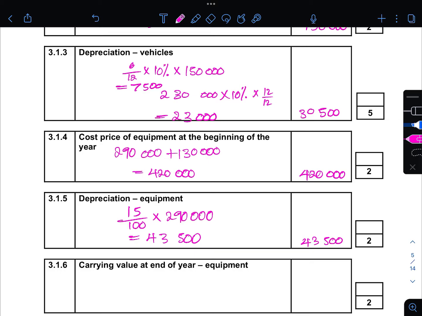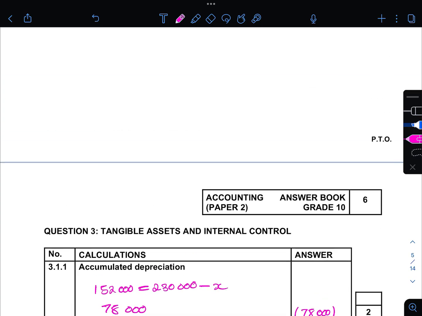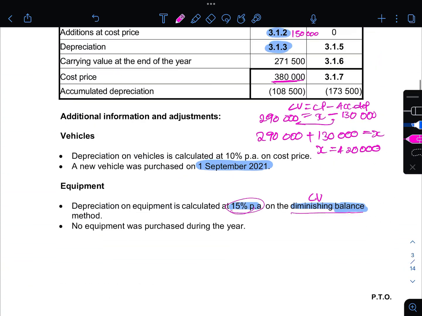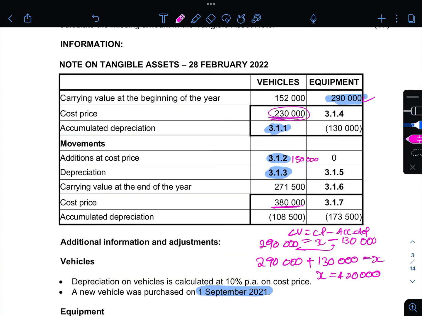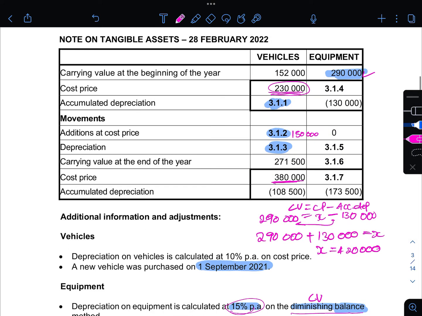Now 3.1.6, we are required to calculate the carrying value at the end of the year. Equipment. Okay, so we're looking at our equipment. We're supposed to calculate our carrying value at the end of the year. So we have our depreciation here of 43,500, and then our carrying value at the end.